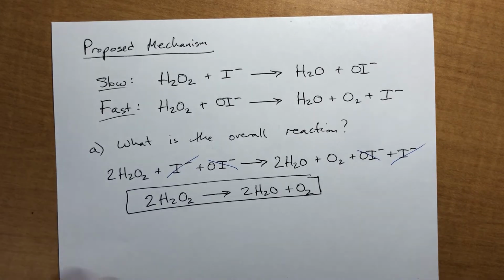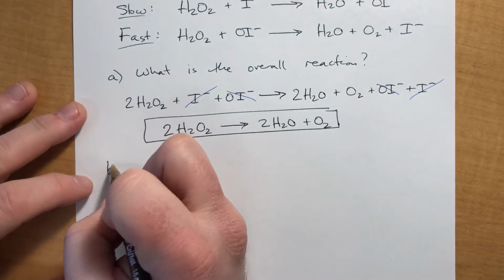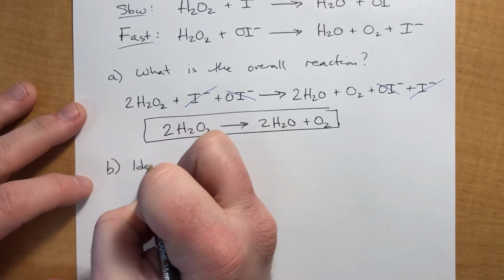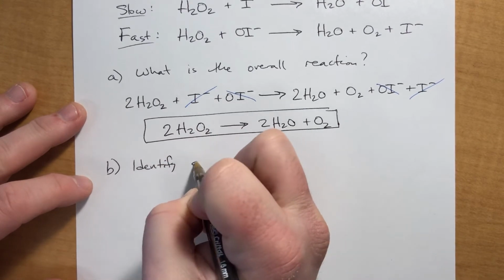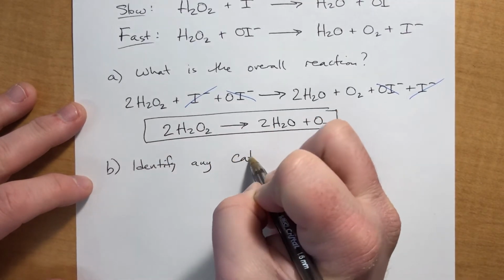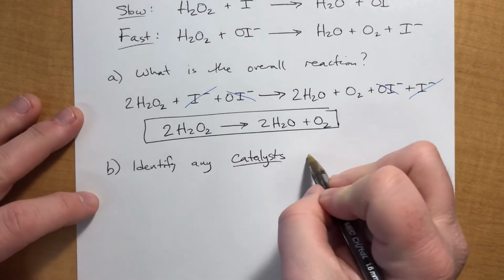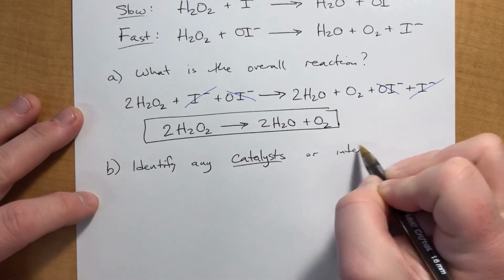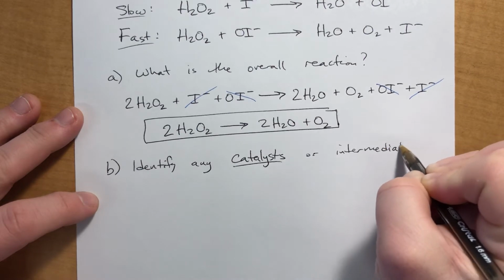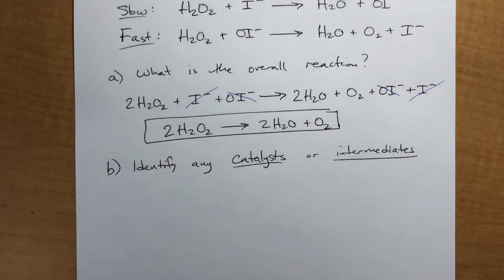The next thing that we would be able to do is to identify any catalysts or intermediates. I'm going to need to define both of those things before we get too far in this process.